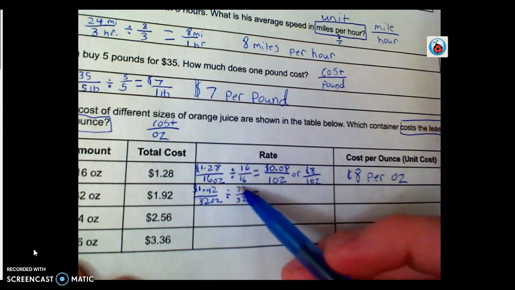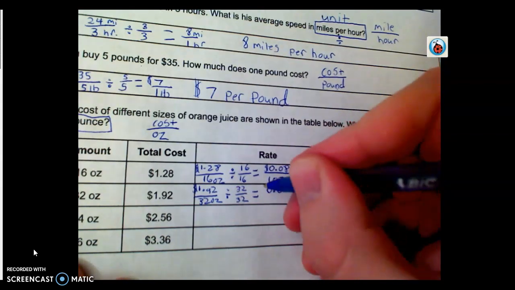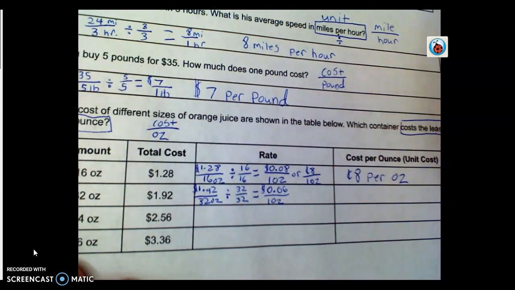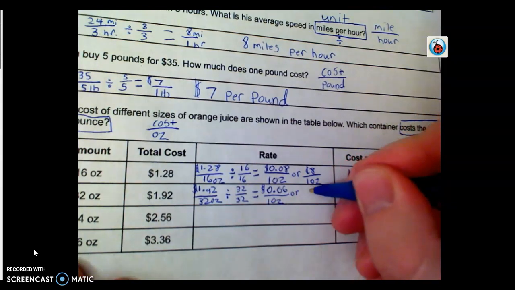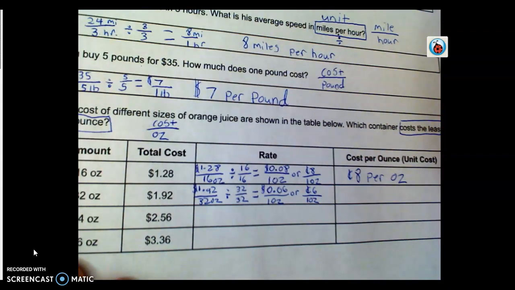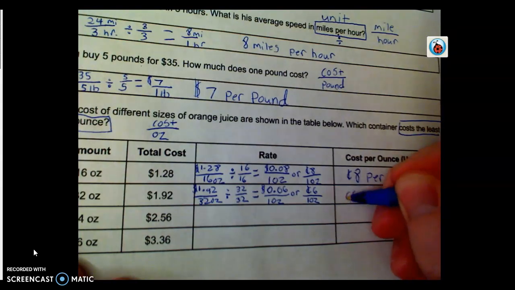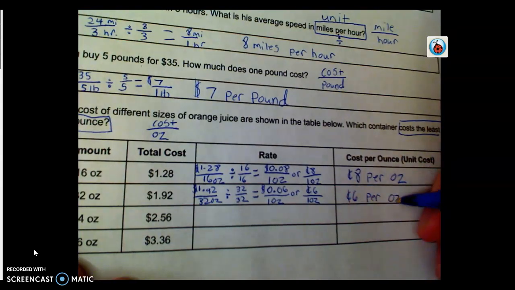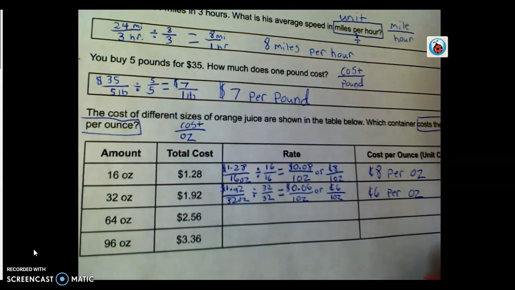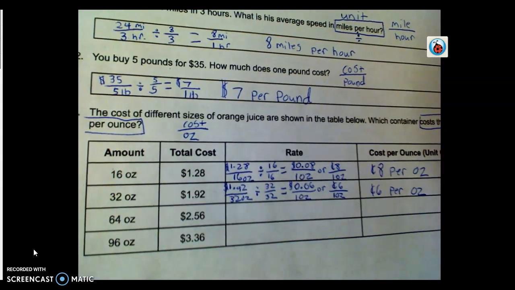So 1.92 divided by 32 comes out to $0.06 over 1 ounce, which is the same as 6 cents over 1 ounce. So the cost per ounce is 6 cents per ounce. So between these two options, which one would make more sense to buy? It would make more sense financially to buy the 32-ounce orange juice.